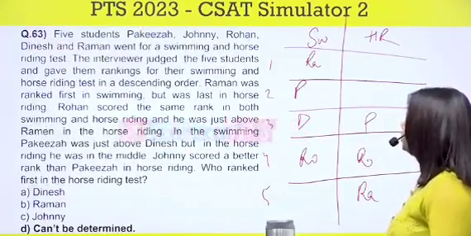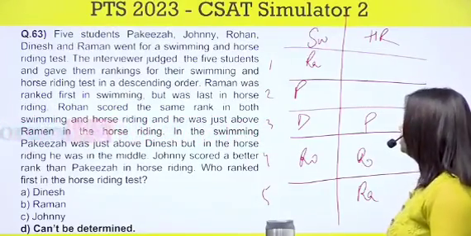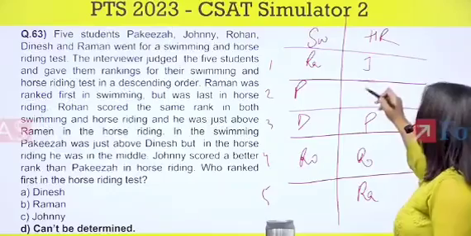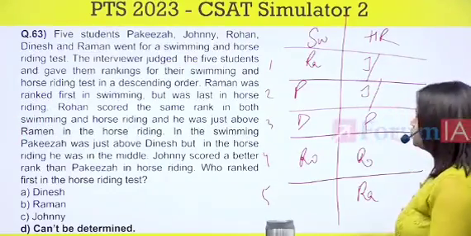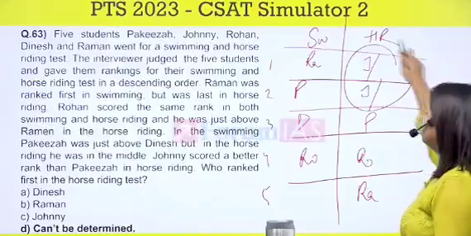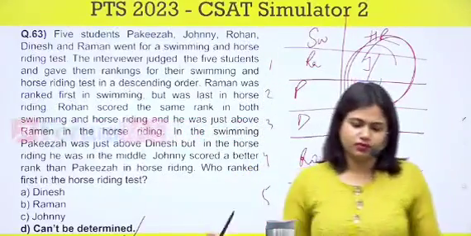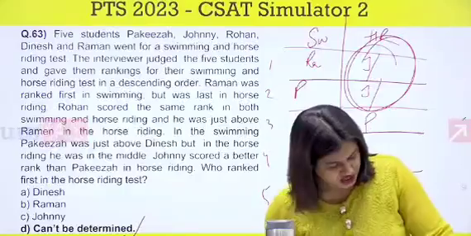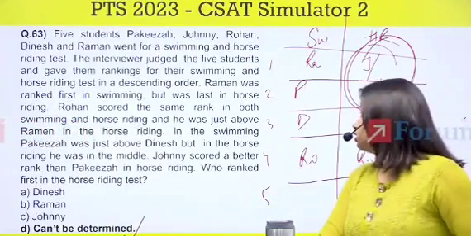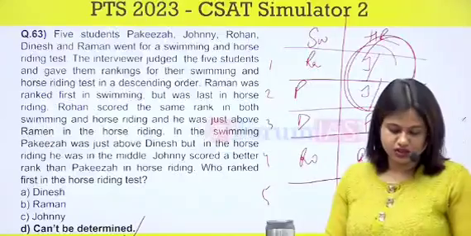Johnny scored a better rank than Pakiza in horse riding. So Johnny got a better rank here. Johnny can be here also. Who ranked first among the horse riding test? I am not sure. So it cannot be determined. So this is all the information I have. If I keep thinking of what my options are, I will be very clear here.